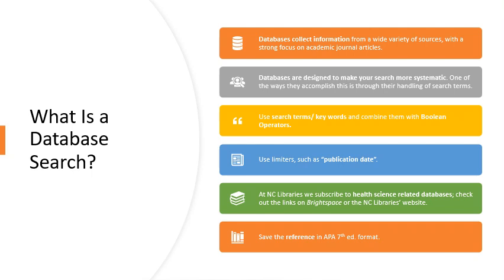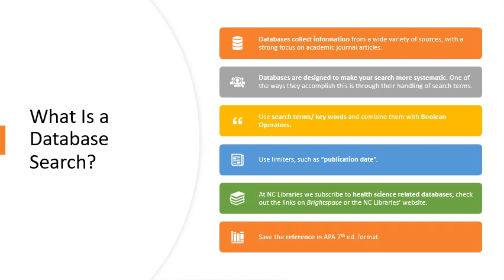So when you first do your initial search, you're likely going to get a lot of different sources. So then you'll need to limit using limiters, and we'll talk a little bit about what kind of limiters exist in the NC database. The Niagara College Libraries subscribes to many health science related databases.